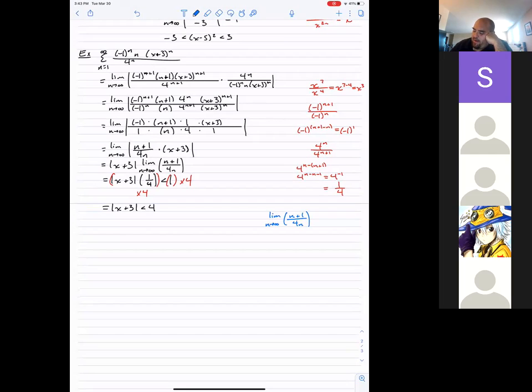How do those degrees compare? They're the same, right? So since they're the same, what does that mean is going to happen to the entire rational function? You divided everything by n, right? And that's the other way I was going to show you.